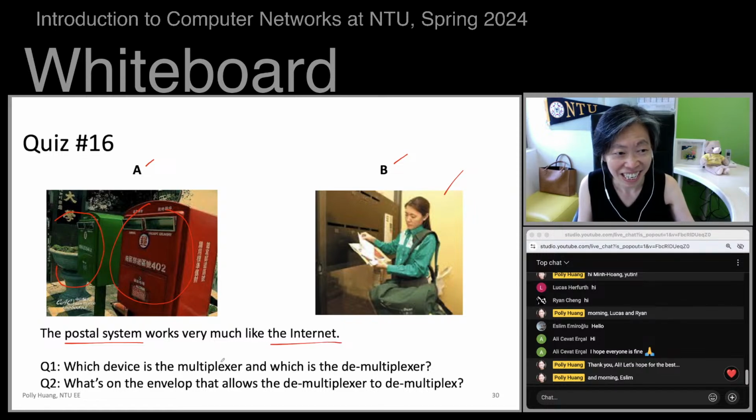Q1 asks: which of these two, A or B, is the multiplexer, and which one is the demultiplexer? And what's on the envelope or packages so that the demultiplexer can check to demultiplex properly?